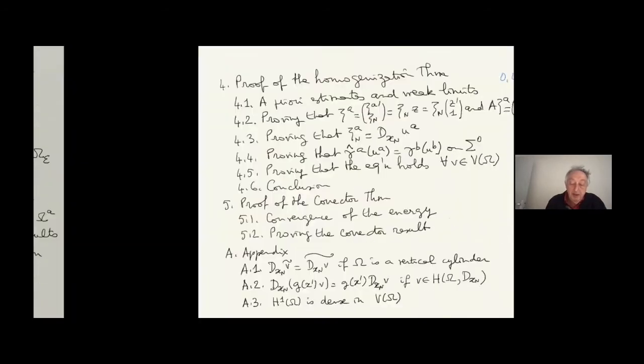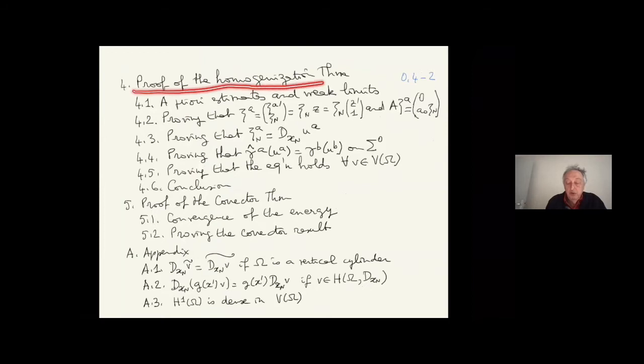And then I will pass to the proof of the homogenization theorem and to the proof of the corrector theorem. And finally, but I think I will not have the time to do that, in some appendix, I will prove some properties, the most interesting being a property of density, the fact that H1 of omega is dense in some strange space V of omega.